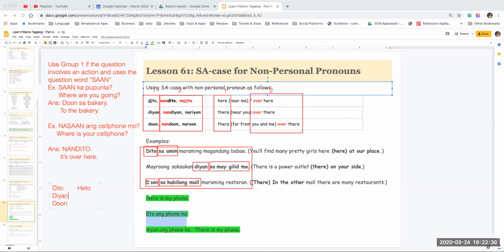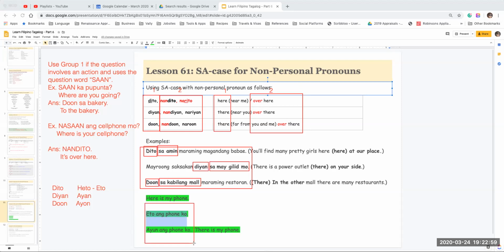I still remove the H, but that means eto. So eto means here. All right, eto, and then eto, ayan, and then ayon, or yon, ayon. We say that also. Look at the last sentence at the bottom. Can you read it, please?